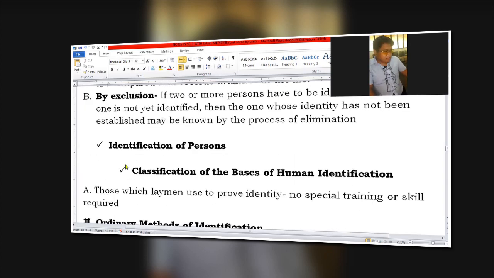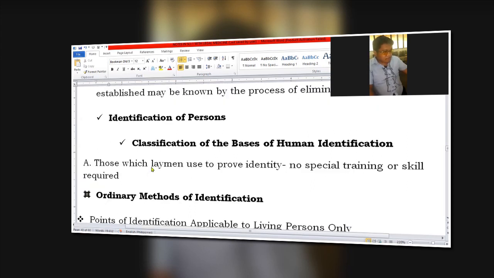So, basically, when we are identifying, there are two targets of identification. Number one is, of course, persons. Number two is evidence, or things related to the investigation. First, in the identification of persons, there is a classification of the basis of human identification.